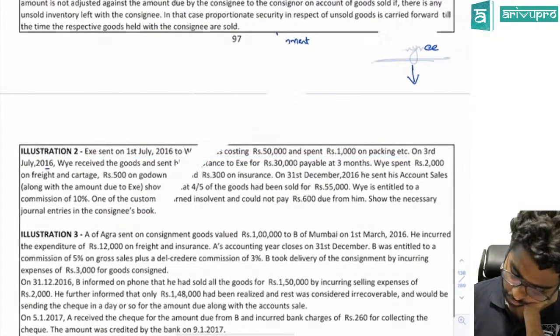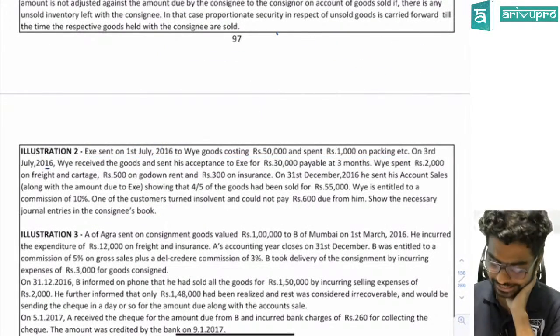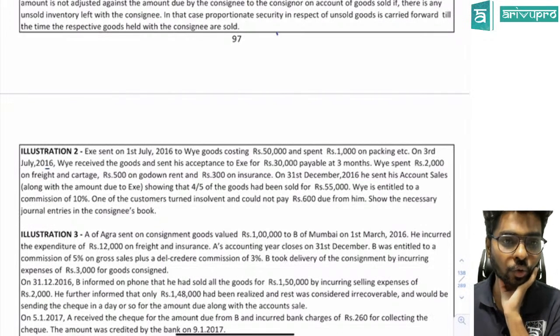So, when goods were sent by the consigner to consignee, what was the journal entry?